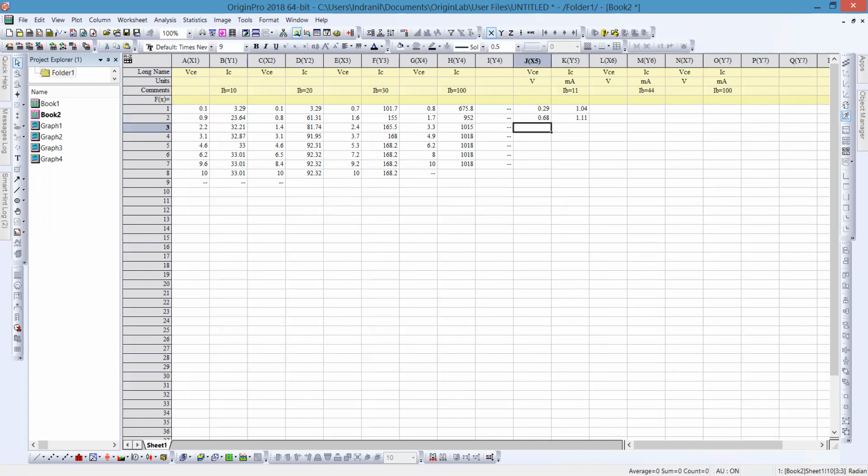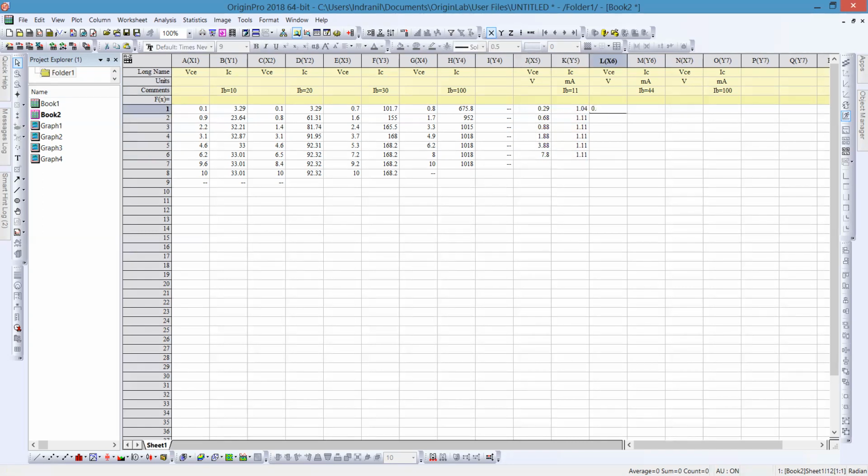Next, 0.88, 1.11. Then 1.88, 1.11. Then 3.88, 1.11. It is almost saturated. Then 7.8, 1.11. Yeah, now the next set of data.